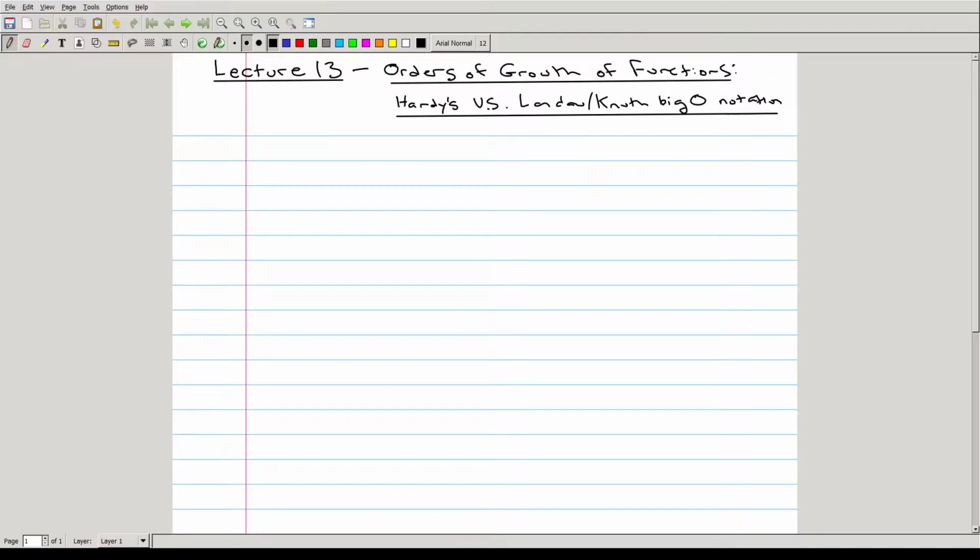The different notations can sometimes get confusing, but both of them have benefits and advantages, and both of them also have disadvantages. So when I teach this, I like to present both different notations so that you can understand the big picture in terms of how we describe function growth.